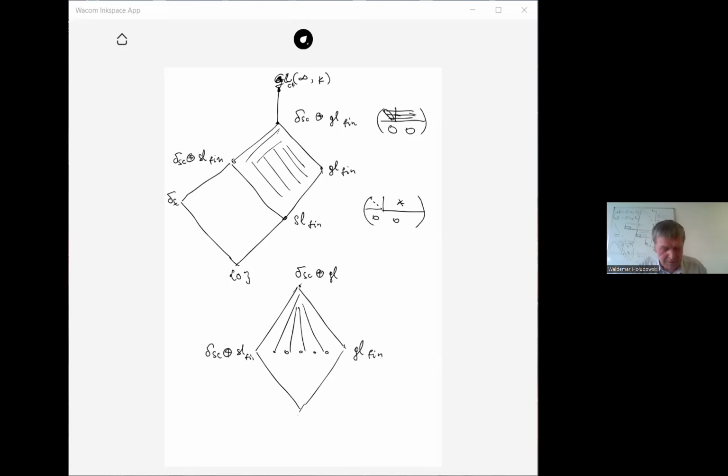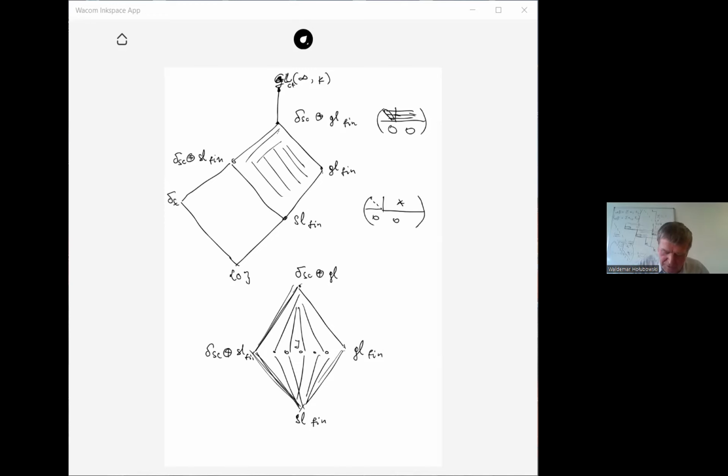And here we have SL fin. And for all such ideals, we see that, for example, as a Lie algebra, the quotient algebra GL fin over SL fin is one-dimensional. The same is also true here. And here we have a finitary extension of the finitary general linear algebra by scalar matrices.